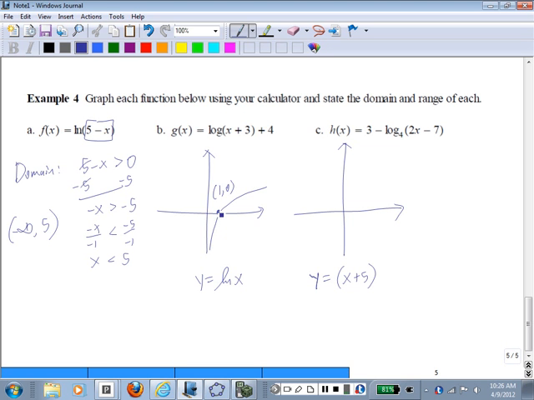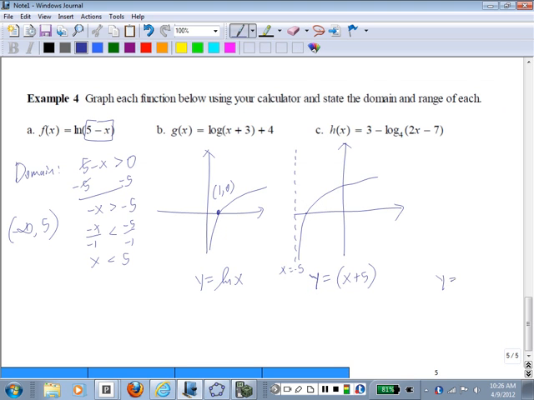So the point 1, 0 would go to the point negative 4, 0, like that. And the vertical asymptote, which is the y-axis, would also get shifted 5 units to the left. And the graph would look like that. Shifting 5 units to the left. So new vertical asymptote, x equals negative 5.